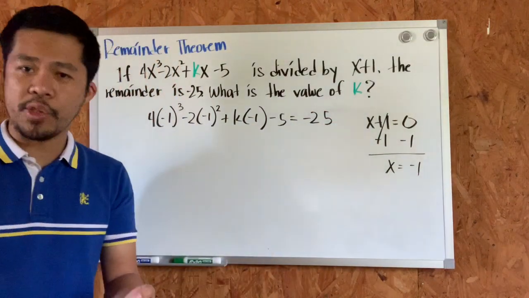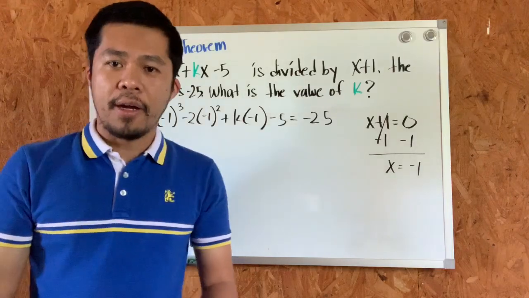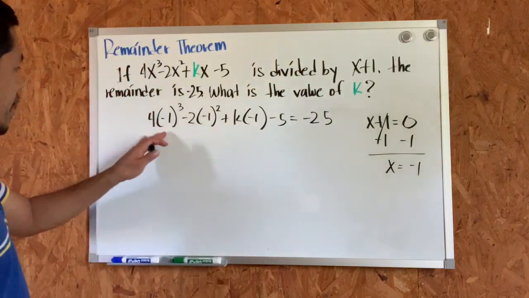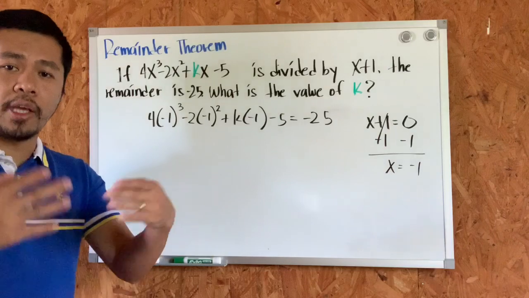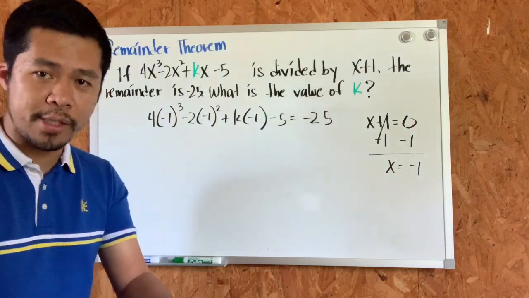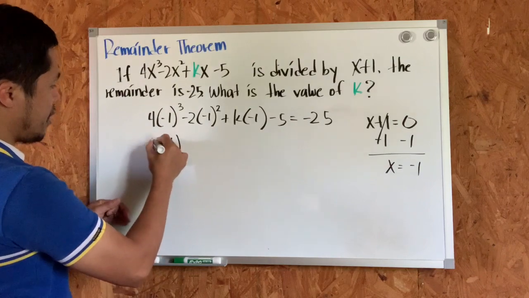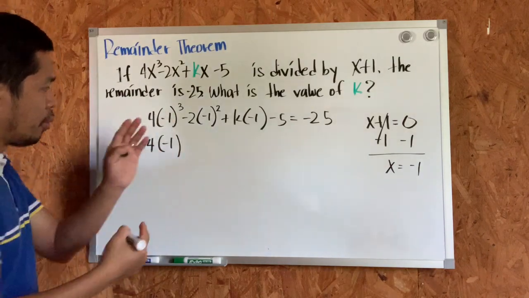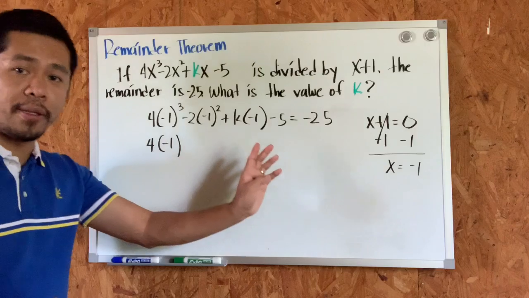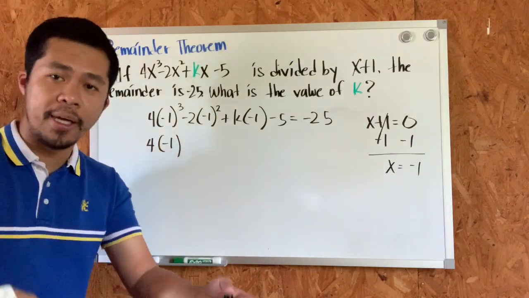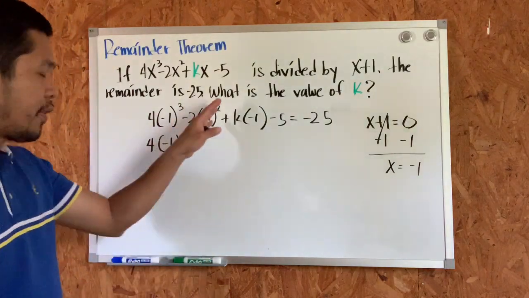And we'll just solve it just like solving a normal equation. Negative 1 raised to 3 is equal to negative 1 times negative 1 is positive 1 times negative 1 is equal to negative 1. So this is equal to 4 times negative 1. Again, don't multiply negative 2 and negative 1. Just like here, don't multiply 4 and negative 1. You have to solve this first.